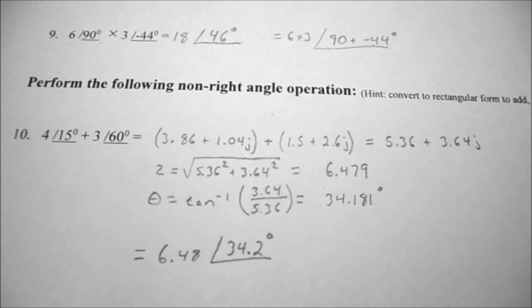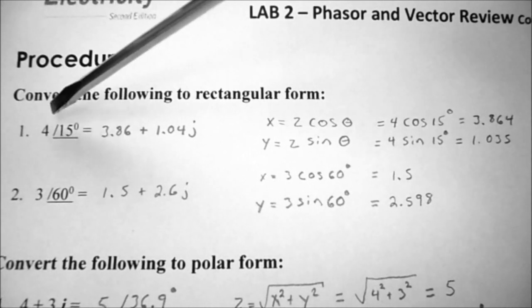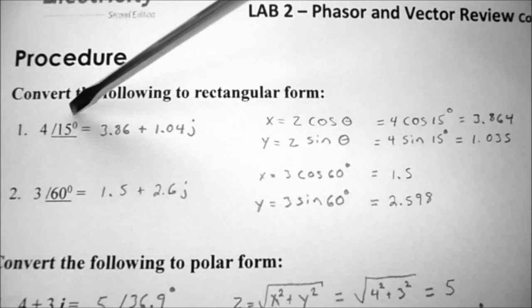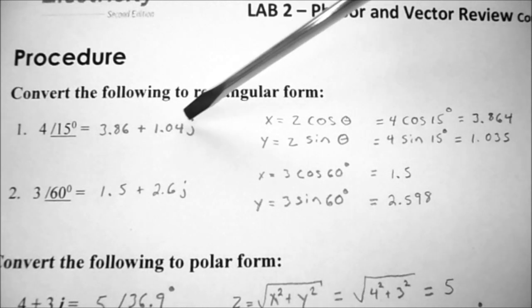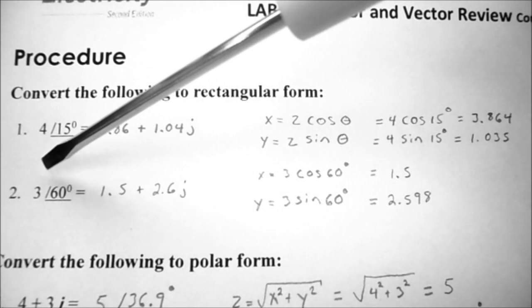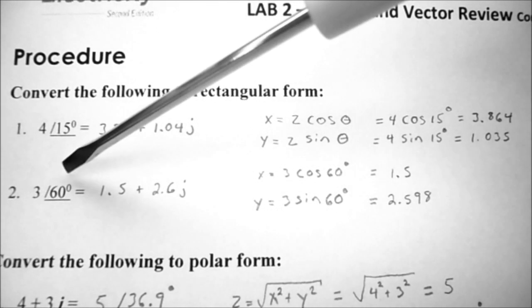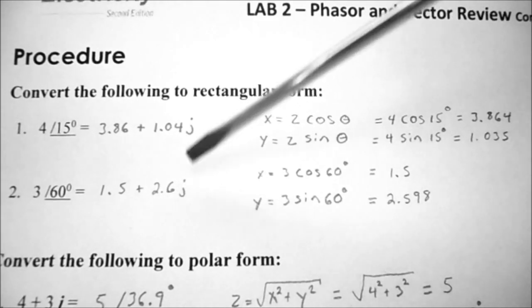And we've already done this in step number 1 and 2. So in step number 1, we converted 4 at an angle of 15 degrees to 3.86 plus 1.04j. And in procedure number 2, we converted 3 at an angle of 60 degrees into 1.5 plus 2.6j.